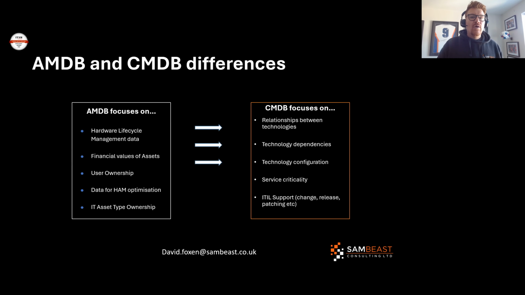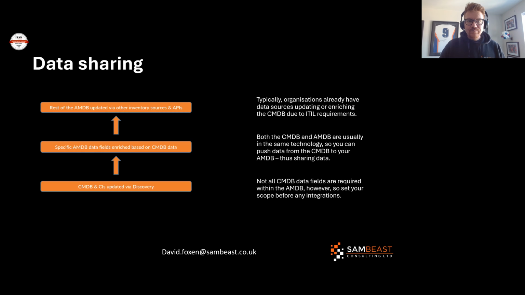If you're just focusing on ITAM and you've got a configuration management team, then yeah, have that conversation, get aligned, get on the same page, and make sure you're not duplicating any data updates or data sets, and that there's only enrichment updating for certain things that you want them to update. Very important. You do not want to screw over your AMDB or your CMDB because you haven't defined those parameters and you're creating duplicate CIs, duplicate assets, etc.